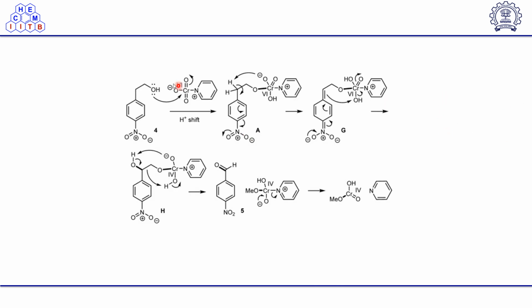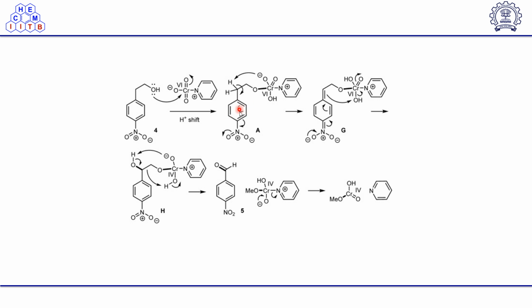the mechanism is like this: the oxygen lone pair will attack this chromium center to form this intermediate, and then this proton will be taken by one of the oxygens attached to this chromium, and here it will form a double bond. So this species will be forming.